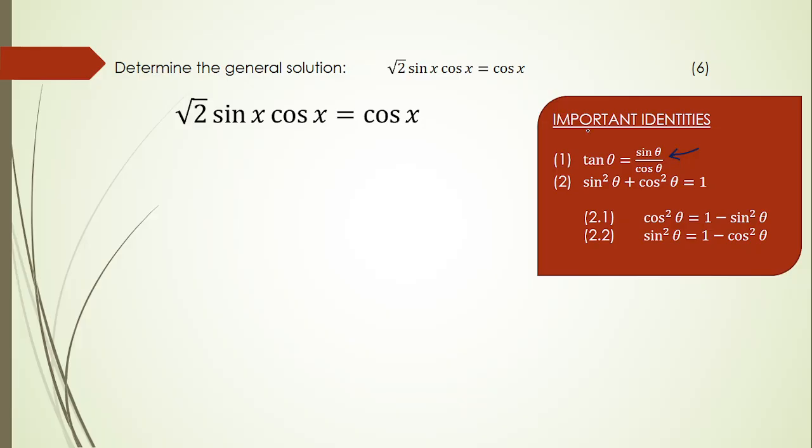But it's different over here, because if I divide by cos x, this side is going to change to a 1, and this is going to change to a tan x, but then you still have cos x equals 1.